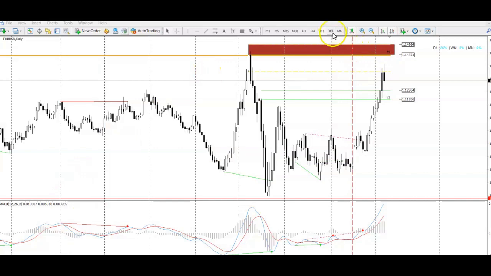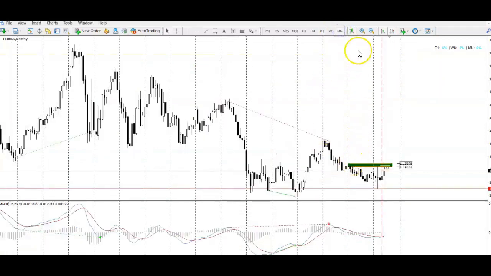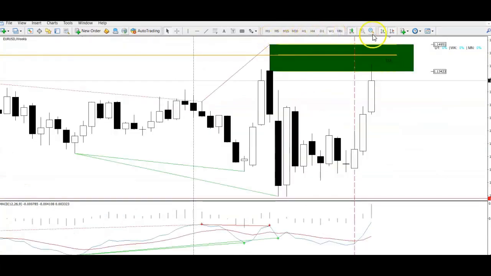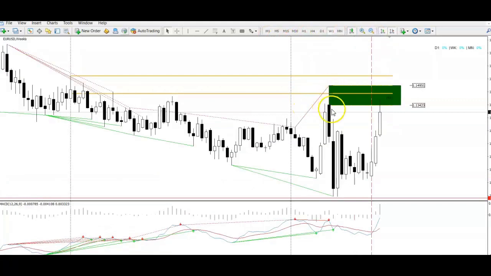So again, we'll just go over this trade. We have this monthly area here, causing a bit of resistance on the higher time frame. Inside that, we have this area from March that caused this drop here of nearly 1,000 pips. If you look at this zone, it's pretty big, 200 pips, so we need to zoom in.